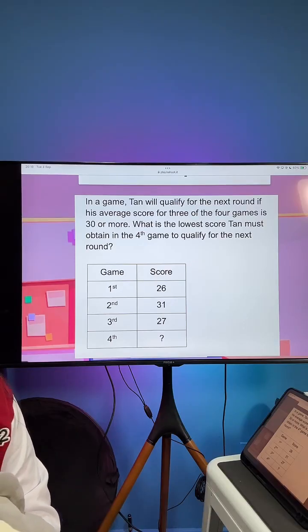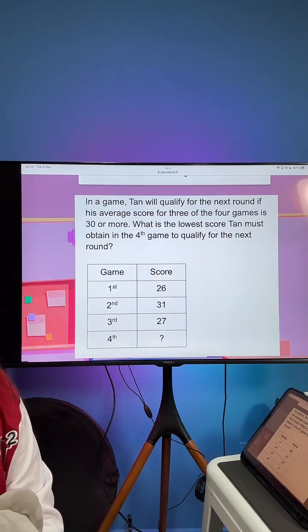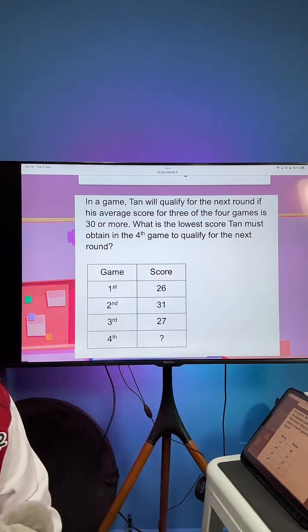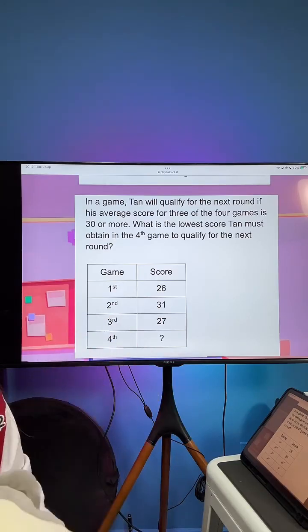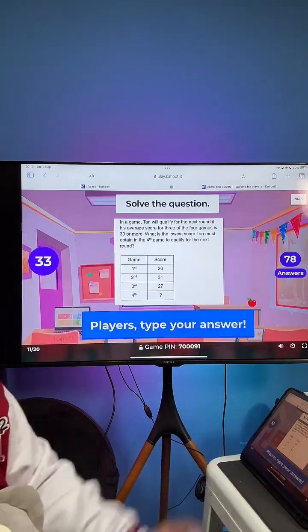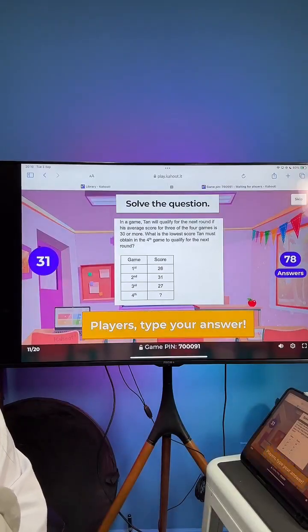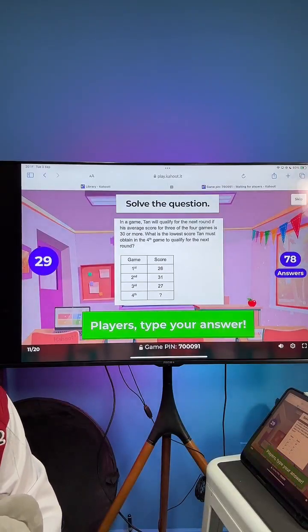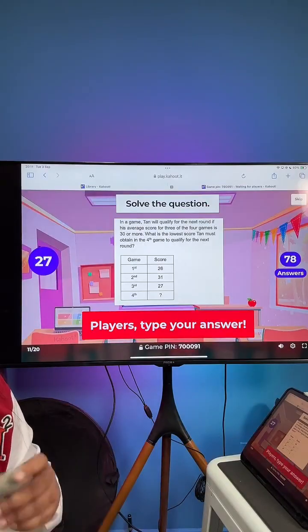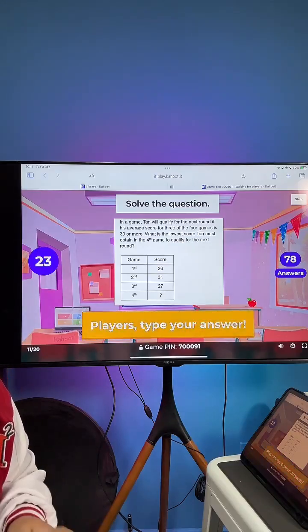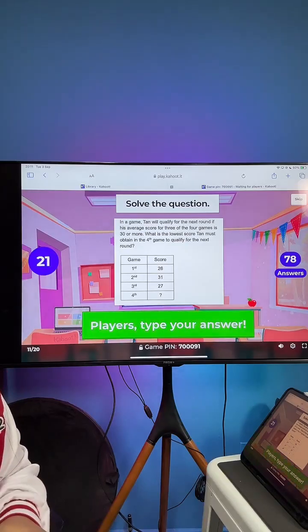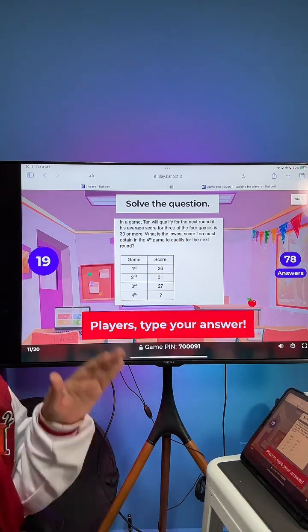And you still have time, okay? You still have time. Press on. You've got this. The rest of you got roughly 30 seconds left. Yeah, gotta read carefully. 3 out of the 4 games.